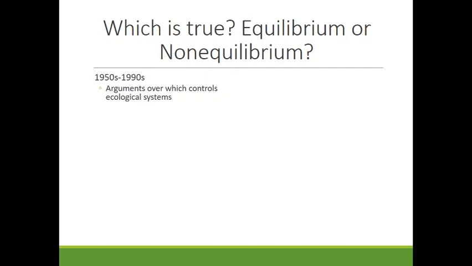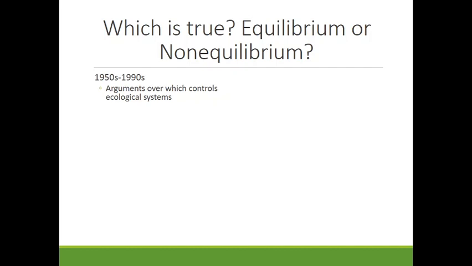This argument has been debated in the ecological literature for a long time. Basically, through the 50s and 60s, it was all these equilibrium models, competition and predation, that were thought to affect population numbers.